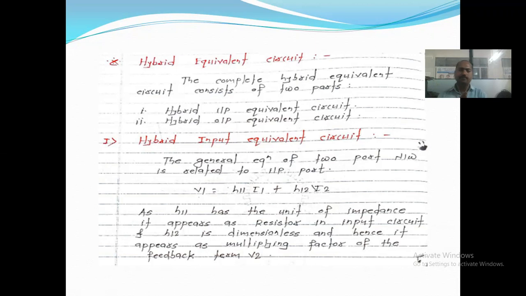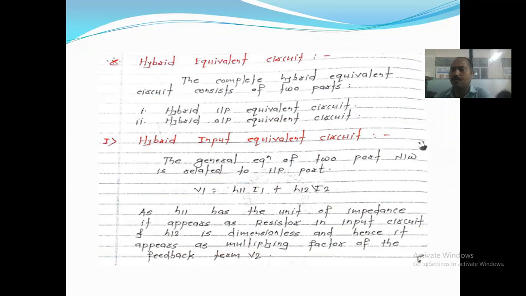Now see how the particular transistor model should be considered as a hybrid equivalent circuit. The complete hybrid equivalent circuit consists of two ports, the input port and the output port.